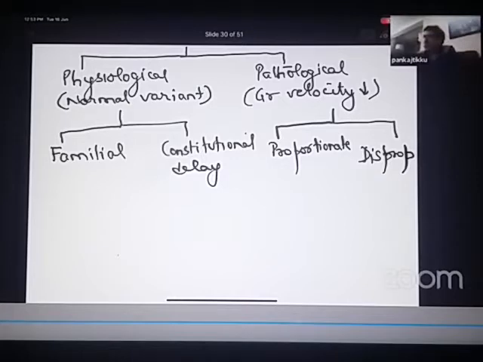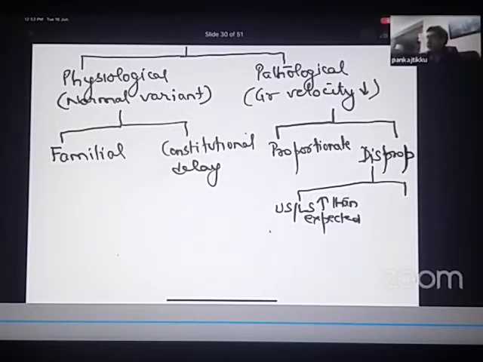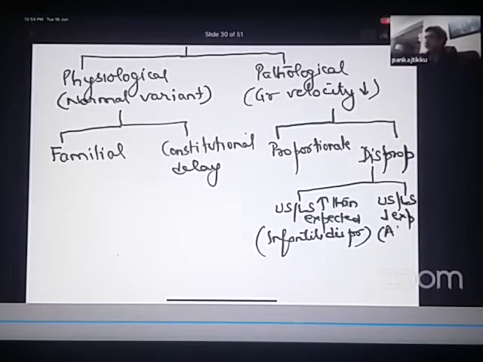Now, disproportionate short statures again are of two types. When the upper segment to the lower segment ratio is more than expected, we call it infantile disproportion. And when the upper segment to the lower segment ratio is less than expected, we call it advanced disproportion.